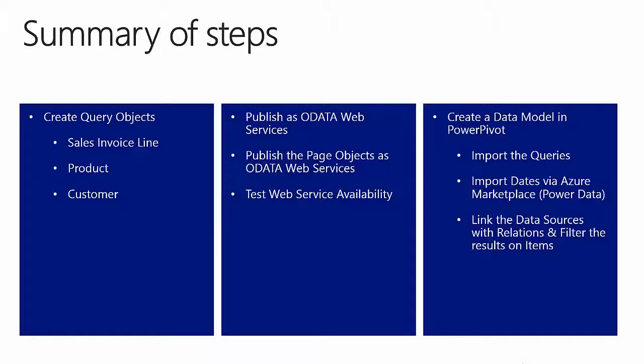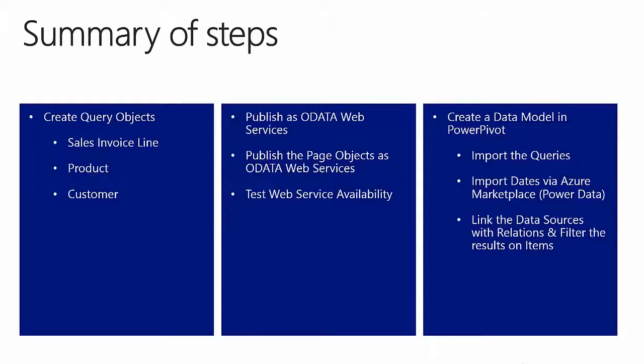We started by importing the query object and the page object as OData web services. Then we made use of the dates by making use of the Windows Azure Marketplace. And then we created relationships, or links, between the data sources.